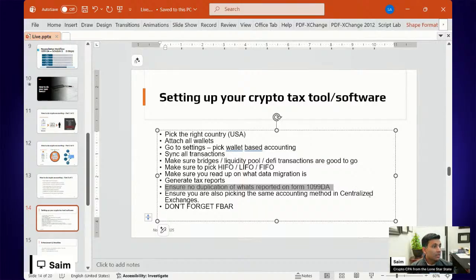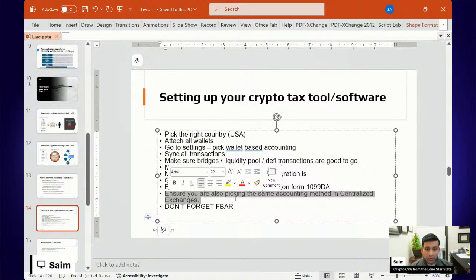Okay, this was the one. Remember, make sure your accounting methodology, whether it's FIFO, LIFO, or HIFO, is in sync across the centralized exchanges and the third-party crypto tax tools. Sure, you can have two different accounts in a third-party crypto tax tool, and you can certainly put two different wallets and change the methodology in one wallet.